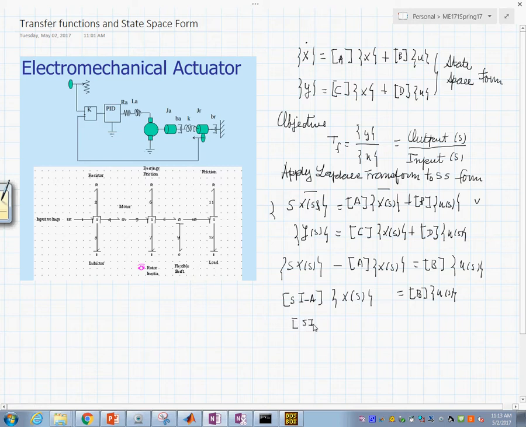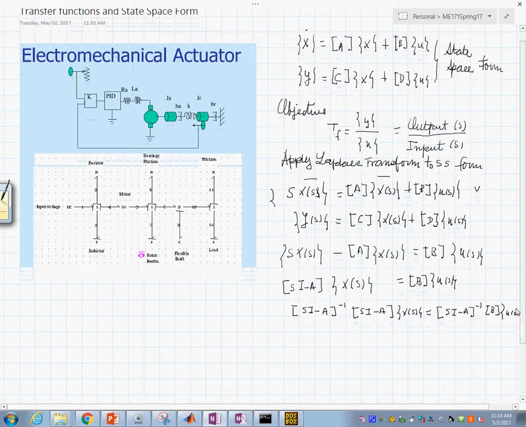So we have (sI minus A) inverse times (sI minus A) matrix times x of s is equal to (sI minus A) inverse multiplied by B times u of s, right?